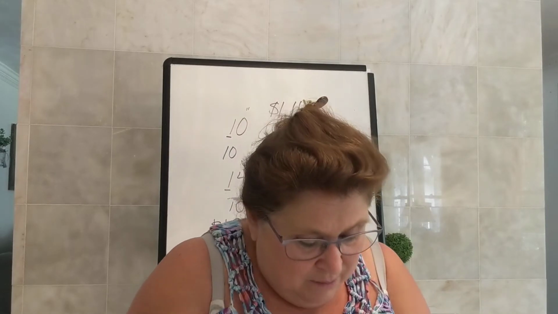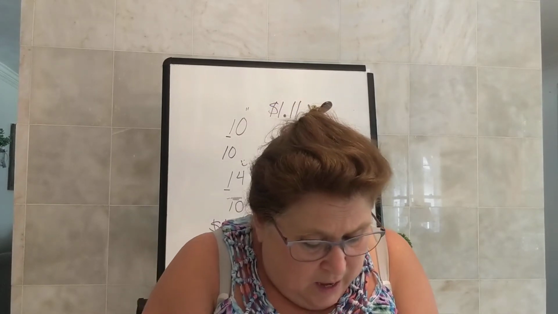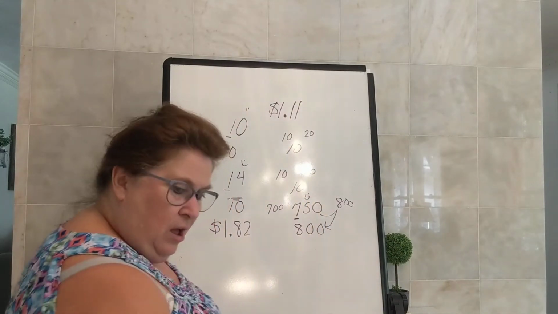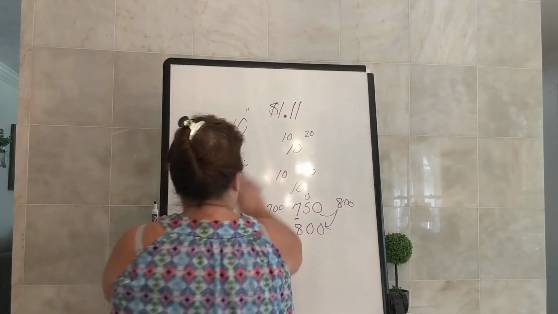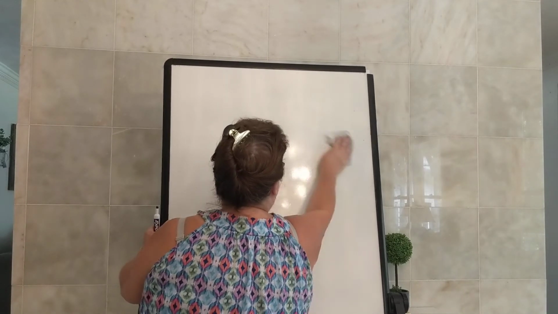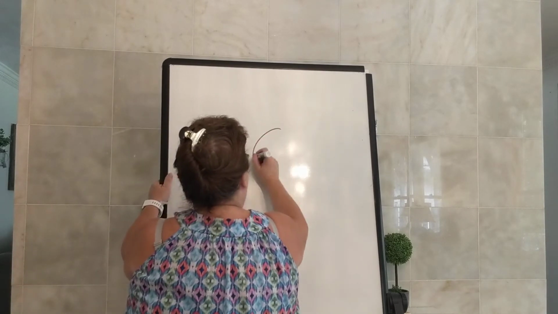Okay? Go ahead and look at section 7. It says set the clock, so you're going to need to do that now. To 10:27. So it is almost halfway past the hour. So if we're setting our clock to 10:27, your hour hand is going to be almost halfway in between the 10 and the 11.